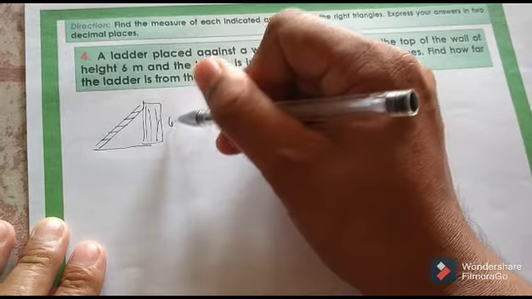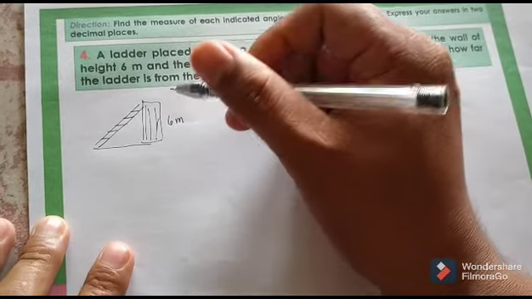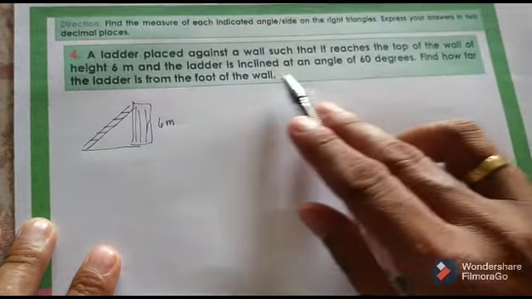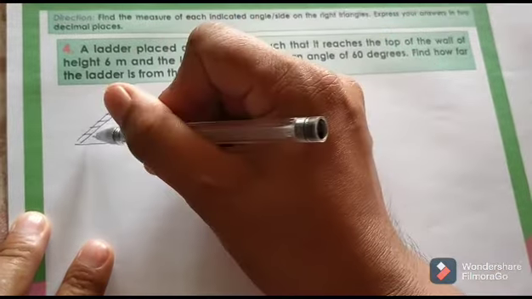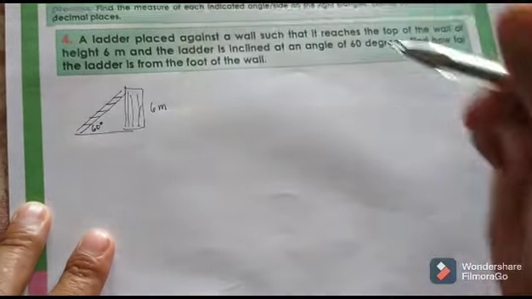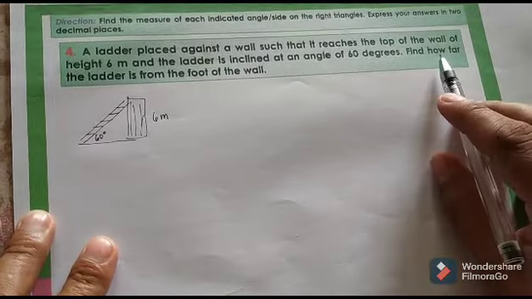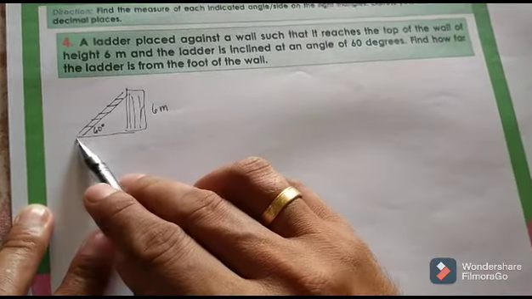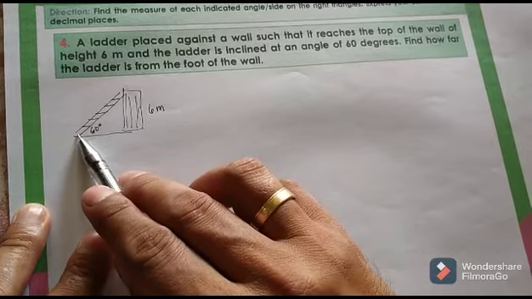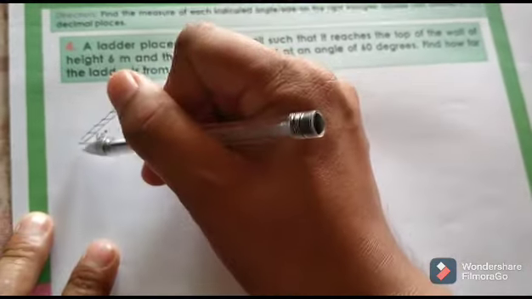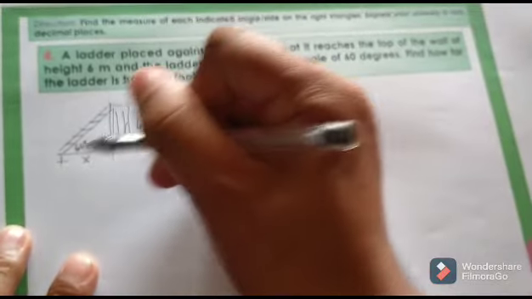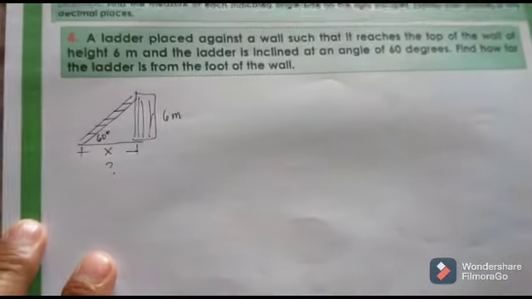So this would be 6 meters, and the ladder is inclined at 60 degrees. So this would be 60 degrees in measure, and we're looking for how far this ladder is from the foot of the wall. So we're looking for that length, starting from here to there. So that is what we're looking for.